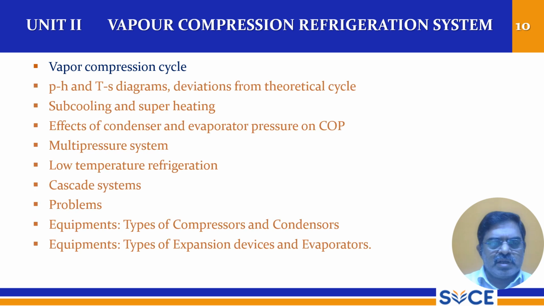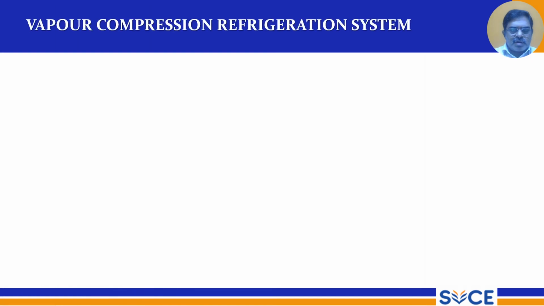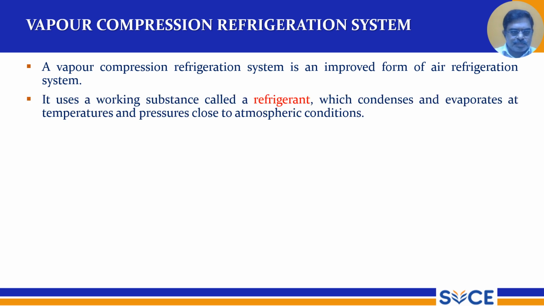We are going to see the vapor compression cycle here. A vapor compression refrigeration system is an improved form of air refrigeration system. We have seen the air refrigeration system in the last unit, and this is the next development in refrigeration systems, that is the vapor compression refrigeration system.